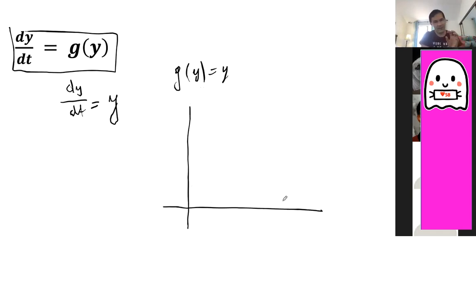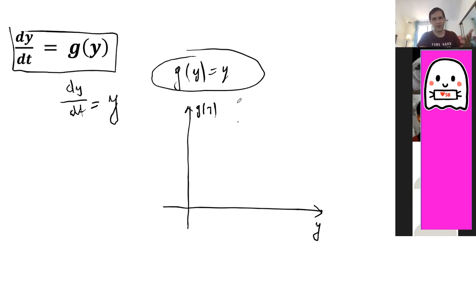I'm not even thinking that the y really is a function. For a second, I'm thinking of this as in calculus 1, very simple. So it's y, and this is g of y. How does this function f of x equals x, or g of y equals y, look like? Very simple, because it's just a diagonal line.